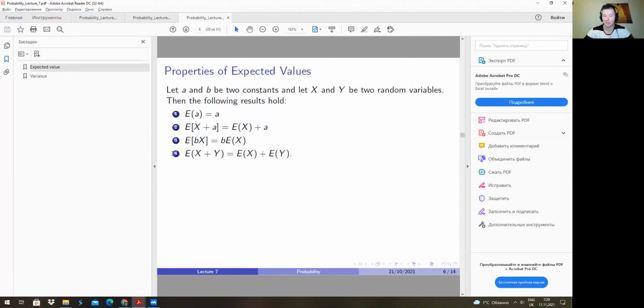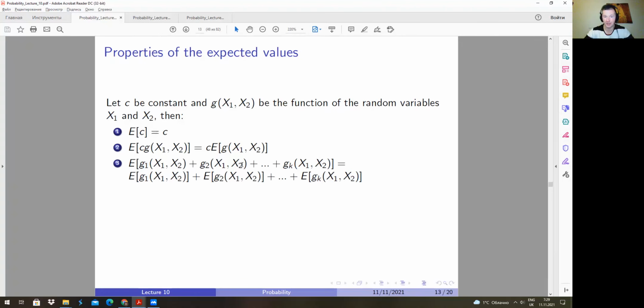And knowing, for example, property 4 and property 1, I can easily derive property 2 as a particular case, right? So the expectation of A is simply A. And now this is the general case for those properties.